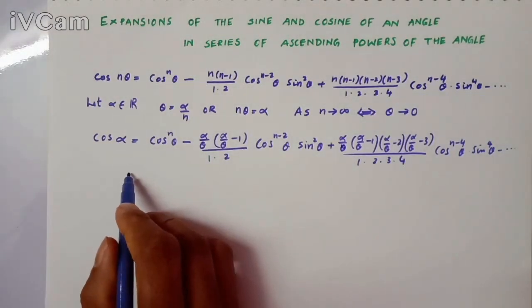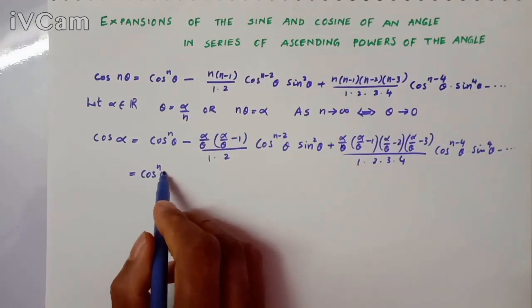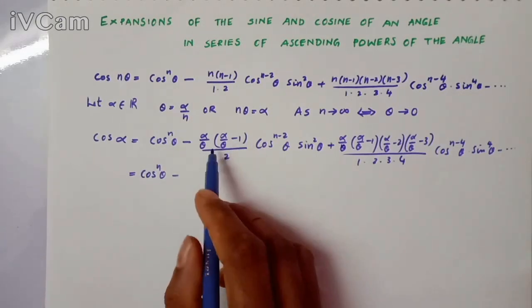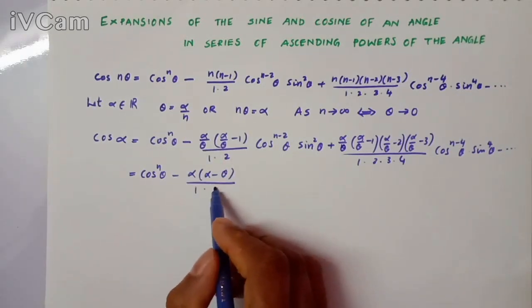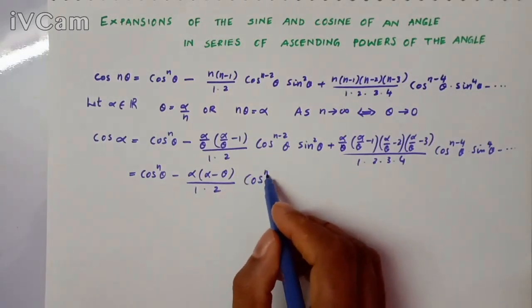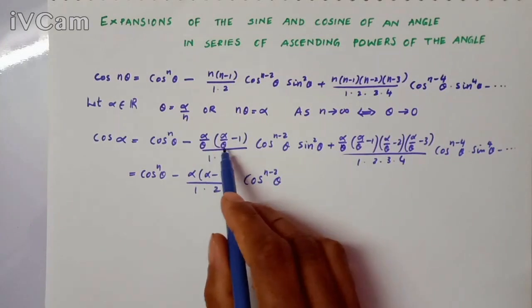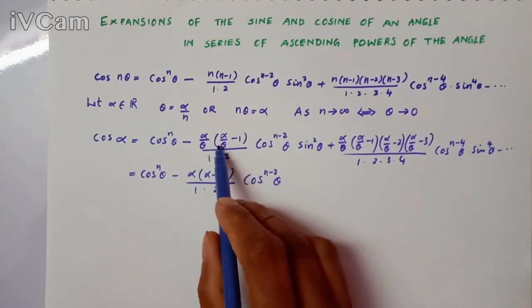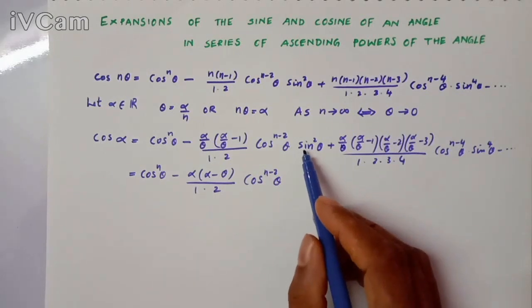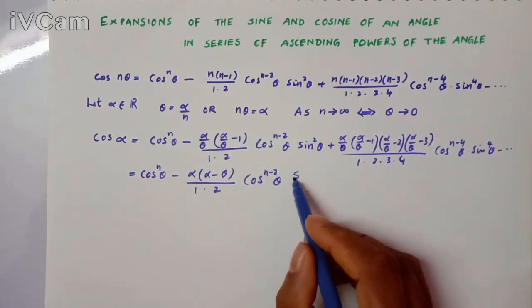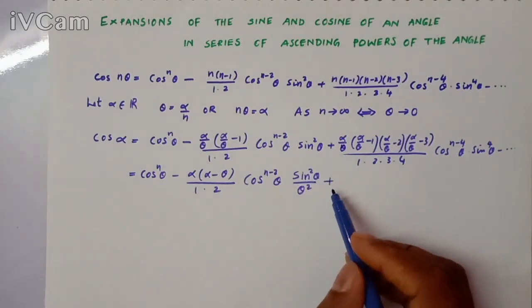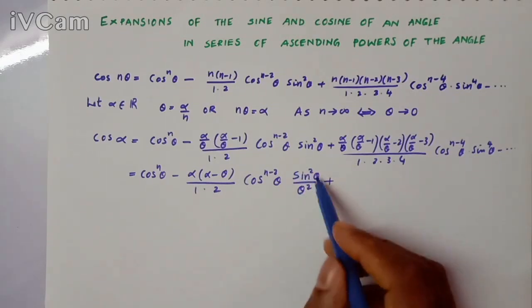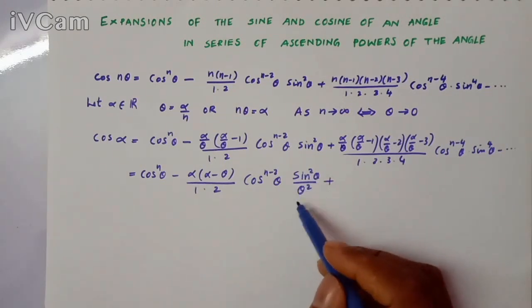So this will be cos raised to n theta minus, I simplify this one. I write it as alpha into alpha minus theta divided by 1 times 2 cos raised to n minus 2 theta. Here we have a theta square in the denominator, so I place that theta square along with the sine square theta, giving sine square theta by theta square. I need to take a limit as theta tends to 0, so this will tend to 1 because the limit as theta tends to 0 of sine theta by theta is 1, so we can replace this by 1 in the next step.